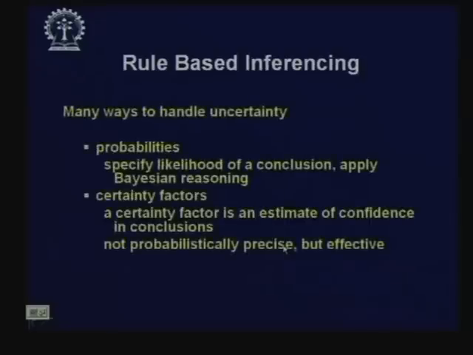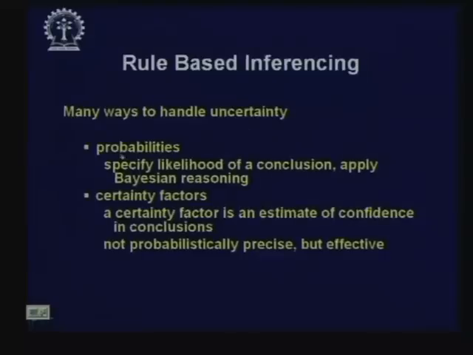Now, these certainty factors are really important. This is a very important method, but before that let me state that there are different ways of handling uncertainty. In the following couple of lectures we will be dealing with uncertainty management, different techniques of uncertainty management.